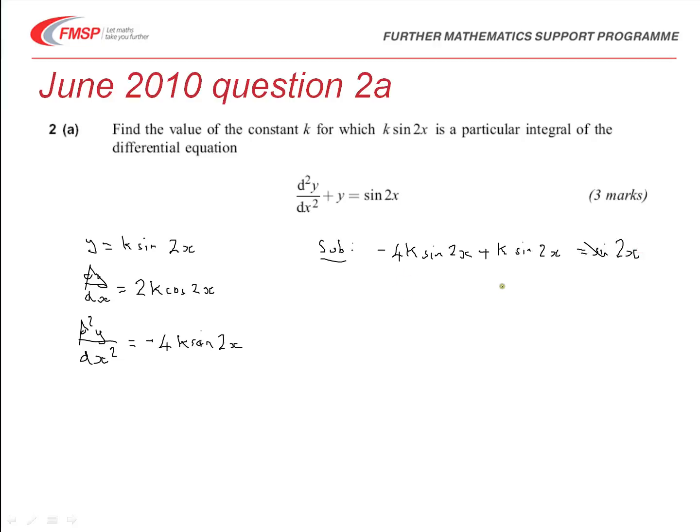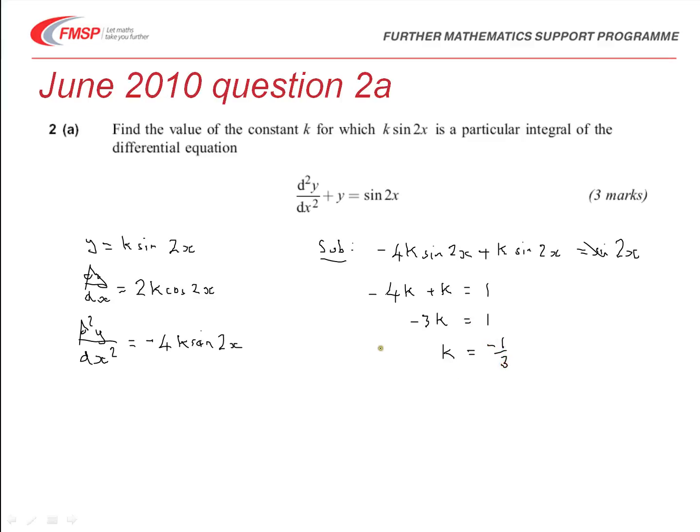And of course from there we can see that the sine 2x is common all the way through this, so if we equate the coefficients we're going to get minus 4k plus k equals 1. So minus 3k equals 1. So the value of the constant that we obtain is therefore negative 1/3.